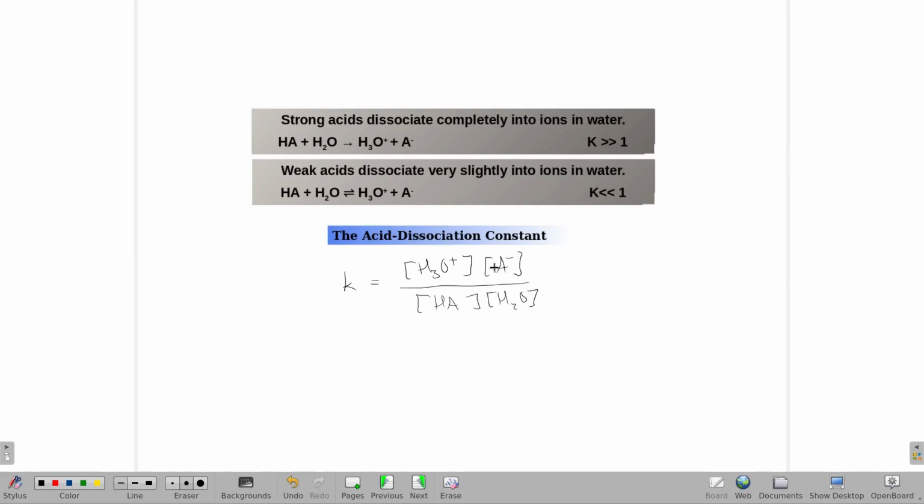There's the conjugate base of the acid. The weird thing is, these will always be done in water. Water, for the most part, is going to have a constant concentration because it's not really affected by these. It's going to go away. So we're going to see more often than not a Ka for acids that has just the H3O+ and just the A- on top, just like before, but on the bottom is just the HA. And we don't really worry about the water.